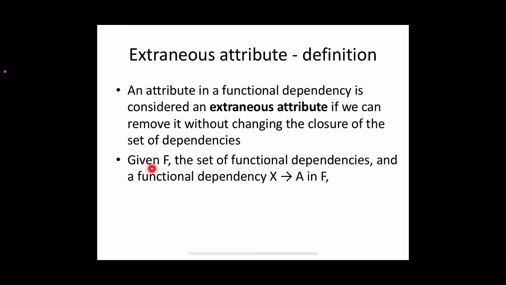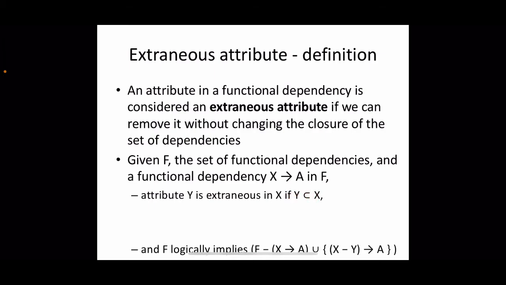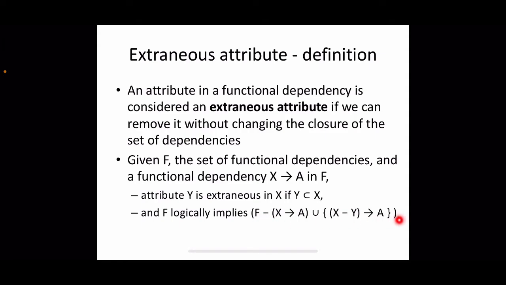Given a set of functional dependencies F and suppose X determines A is a functional dependency in F, then an attribute Y, where Y is a subset of X, is extraneous if this condition is satisfied. That means F is logically the same even if we remove this X determines A and add another dependency X minus Y determines A. So Y is actually extraneous.